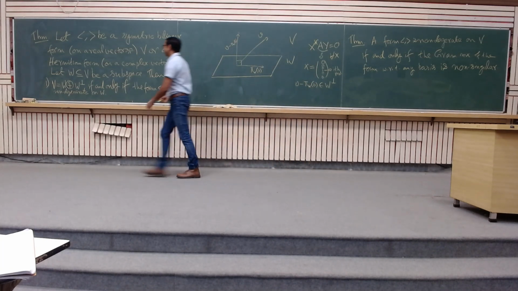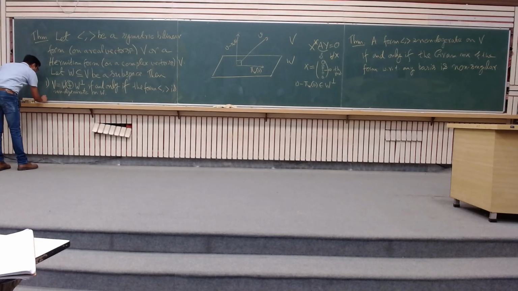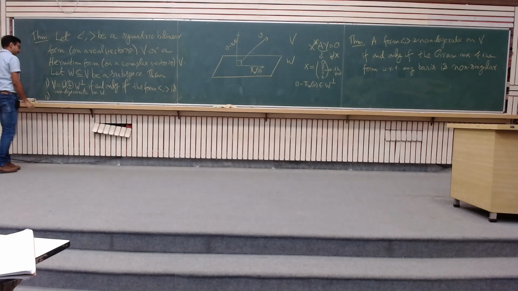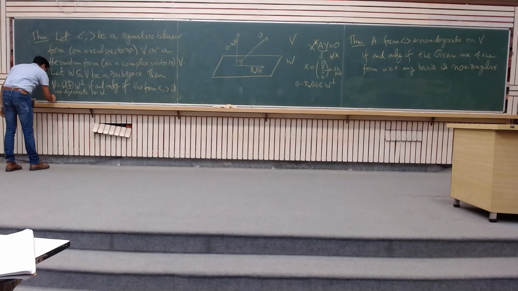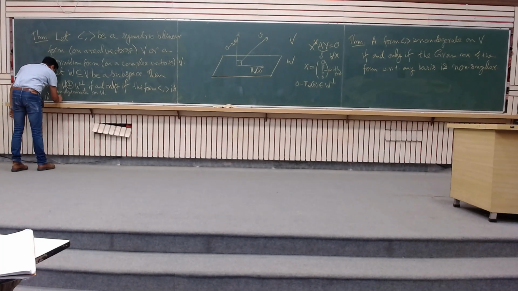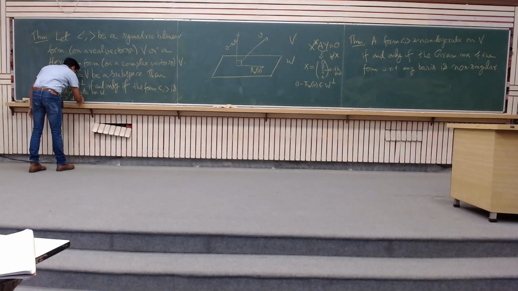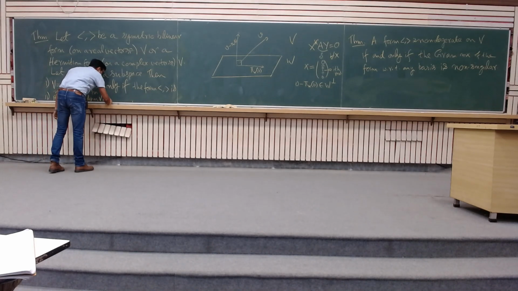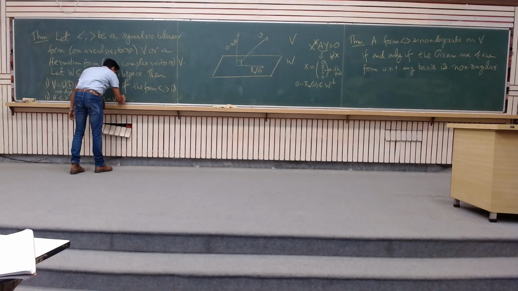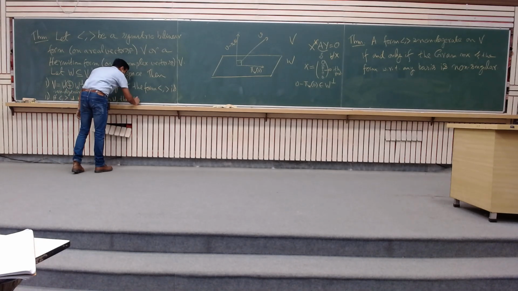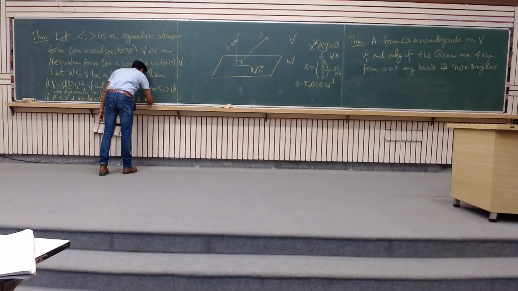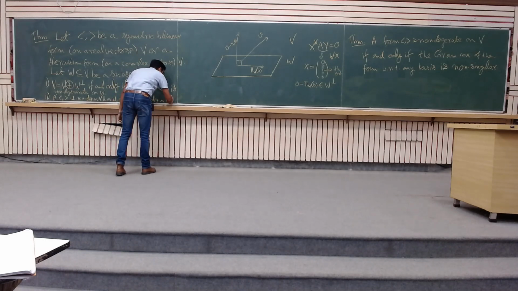Okay. And the second thing is that if the form is non-degenerate on V and on W, then it is non-degenerate on W perp.